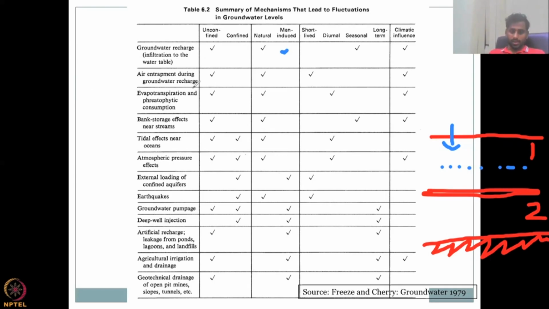Then you also have extreme events and a slow tapering event, which is increasing rainfall, not a flood I'm saying, but rainfall is increasing and your temperature is increasing. So when you have high temperature, water is less, so infiltration is less, because all the water will be evaporated. So all this is the first row, which talks about groundwater recharge through infiltration, which affects your fluctuation in the water table, and can happen through climatic factors.